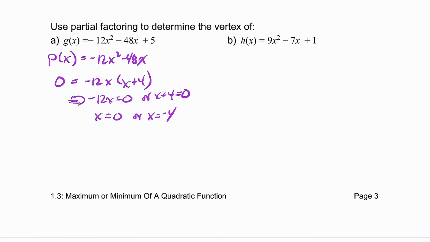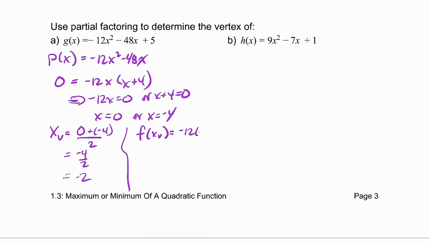So in order to get the x coordinate of the vertex, we need to add our two roots and divide by 2. So this is going to be negative 4 divided by 2, which is negative 2. So to get the y coordinate of the vertex, let me do this over here. So f of xv is going to be negative 12 times negative 2 squared minus 48 times negative 2 plus 5.